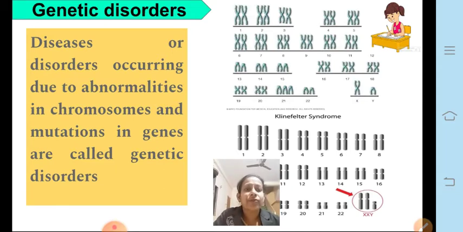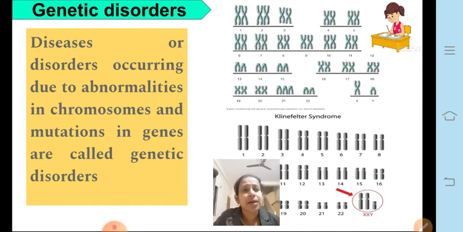I have already mentioned that we have chromosomes in our body, and I have shown you the table of the chromosomes of different animals also. Human beings have 46 chromosomes, or 23 pairs.